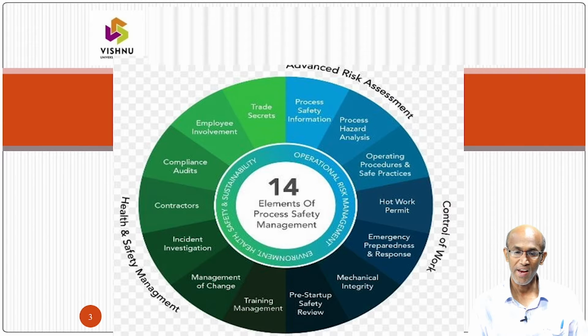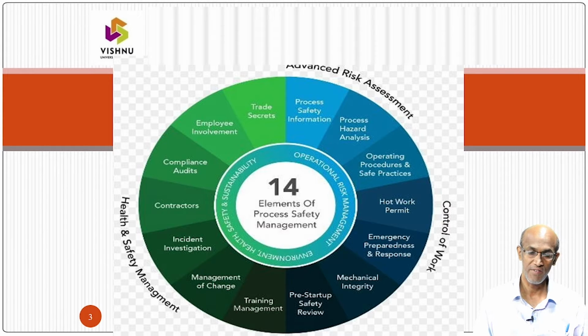There are 14 elements of process safety management: process hazard analysis, operating procedures and safety practices, hot work permit, emergency preparedness and response, mechanical integrity, pre-startup safety review, training management, management of change, incident investigation, contractors, compliance audits, employee involvement, trade secrets, process safety information.